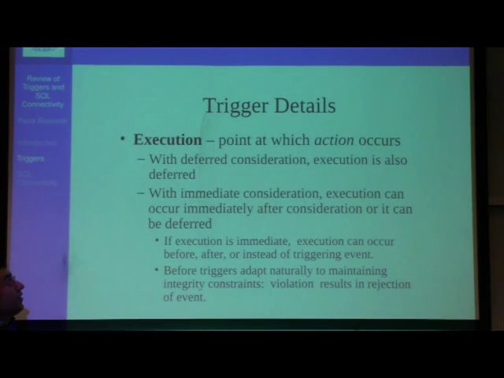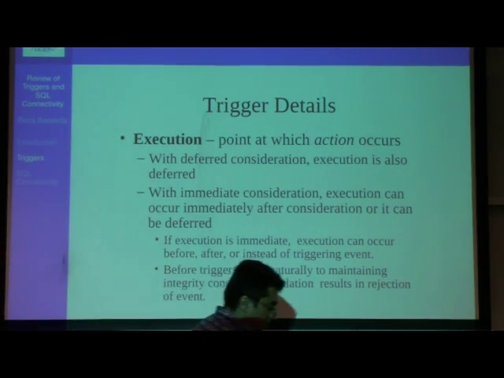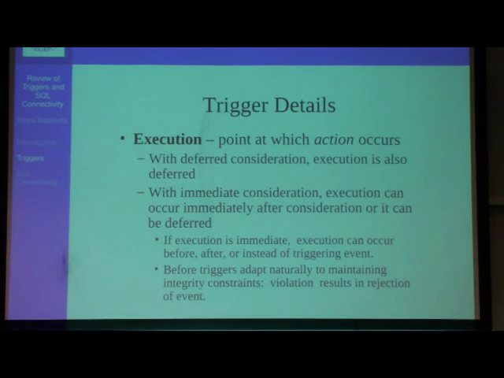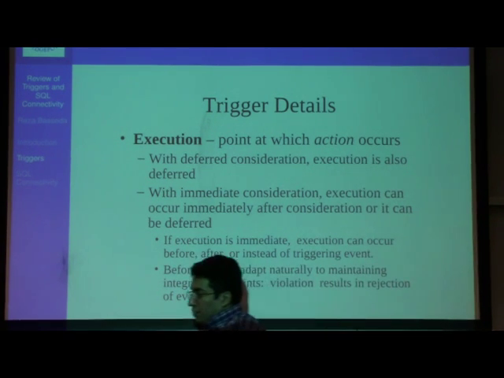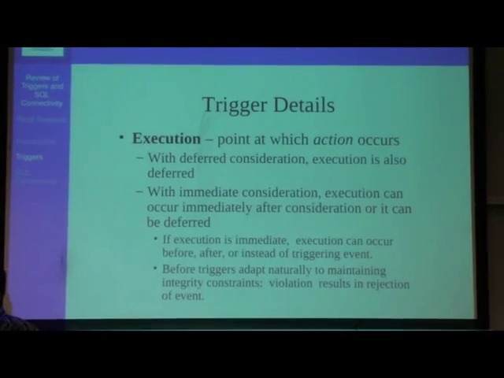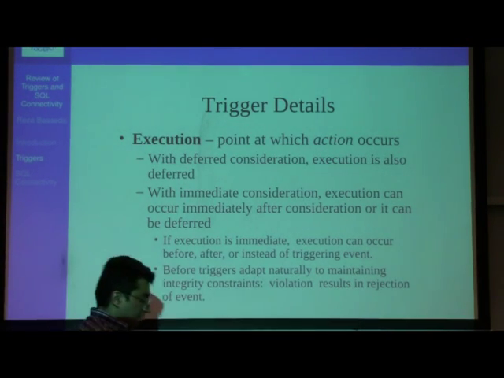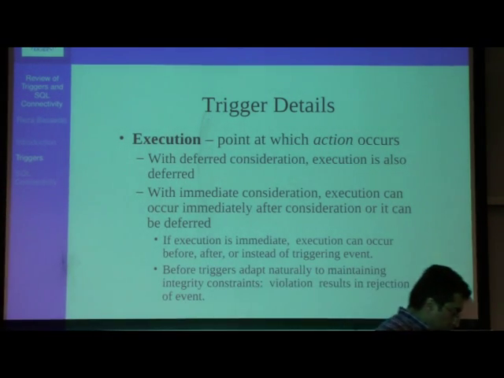So the execution can be either deferred after the consideration of the condition, or the execution can happen immediately after the consideration of the condition of the effect. If it is executing immediately, then the execution can happen before or after, or instead of the triggering event.